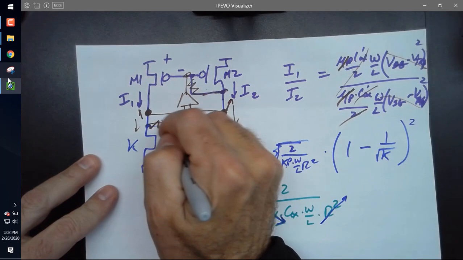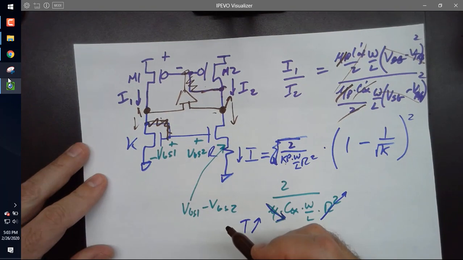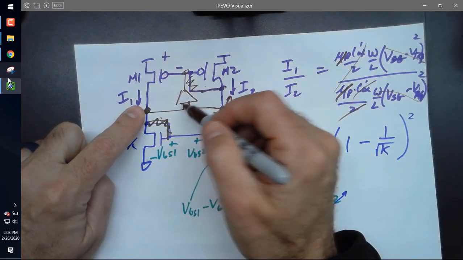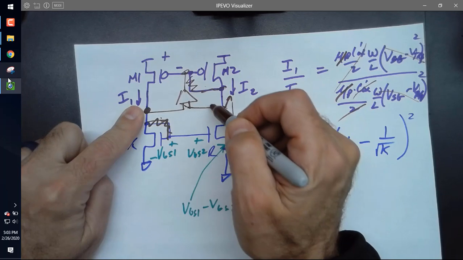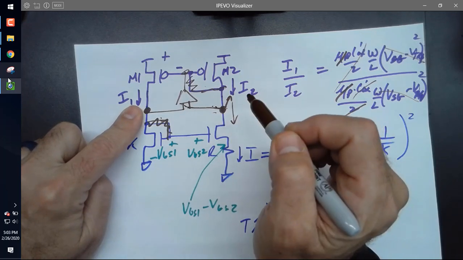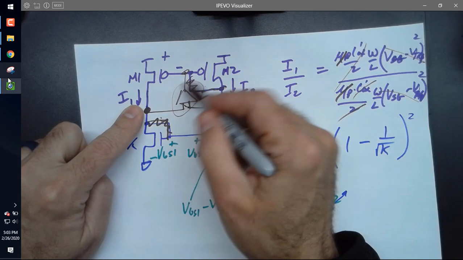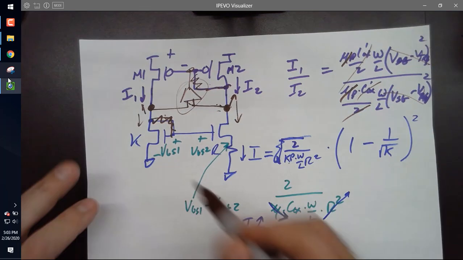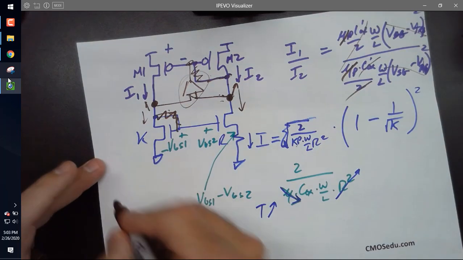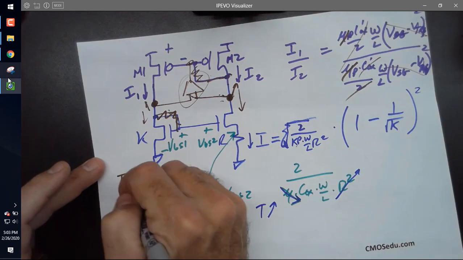First off, before I go any further, does everybody see that when I do this, if this is gate drain connected, this is going to be one of the situations where I know the input of my amplifier has a VGS there and a VGS there? Everybody got it? Okay, so I'm going to put an amplifier in here that will work when I've got a gate source voltage. So what I'm going to do is the following.